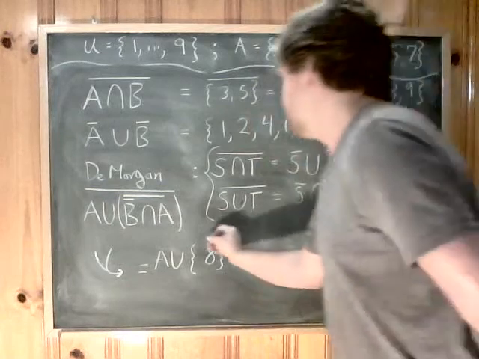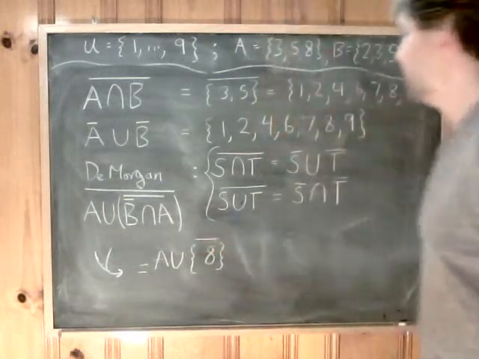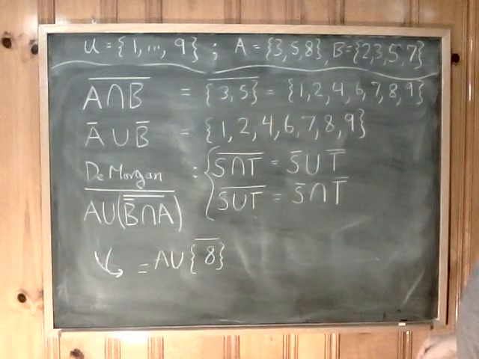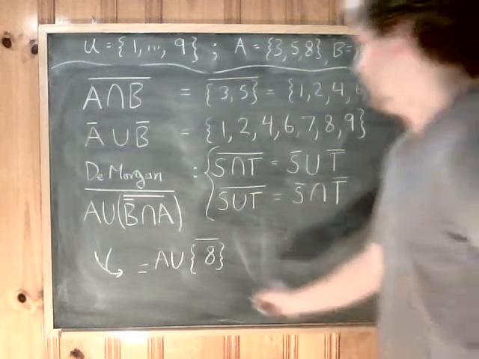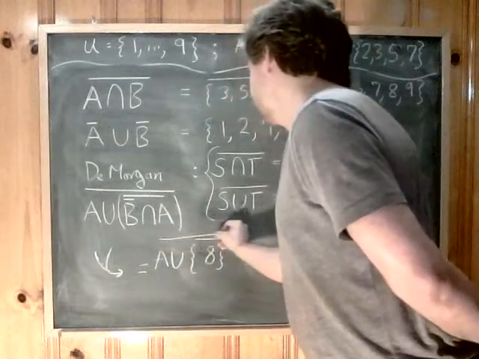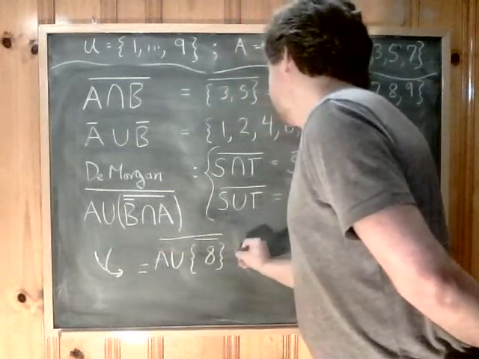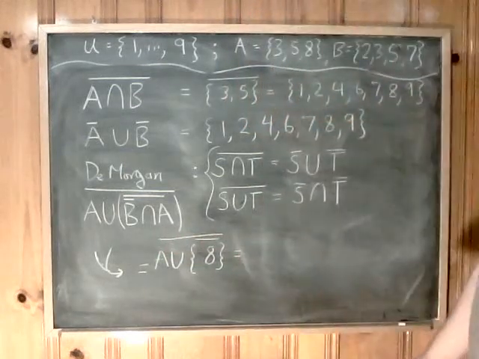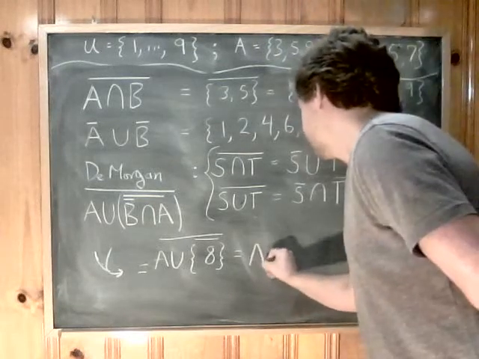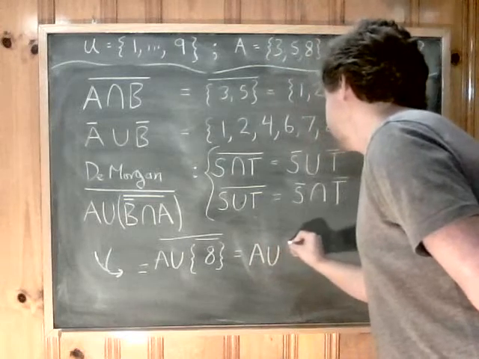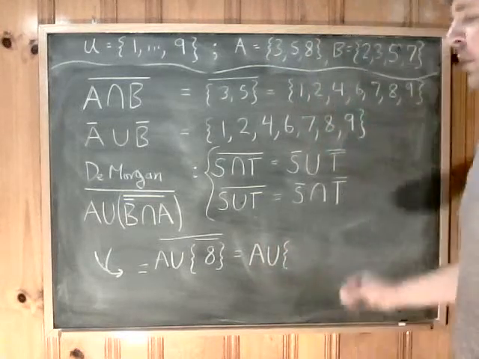However, that is complemented. And I'll have to also complement the entire thing. So the complement of 8 is going to be pretty large. Of course, it's everything but 8.